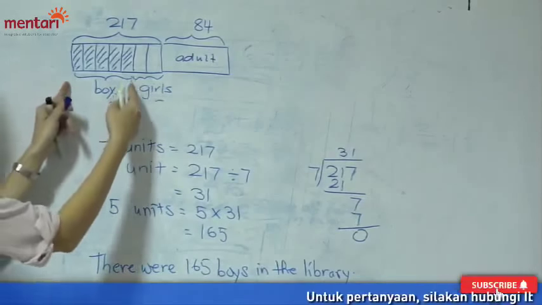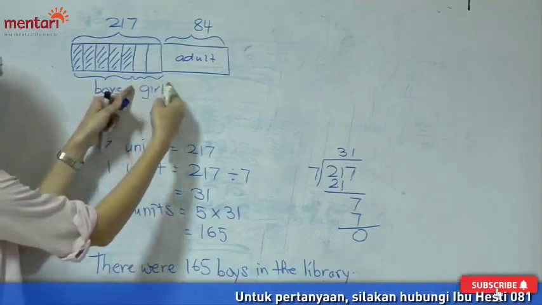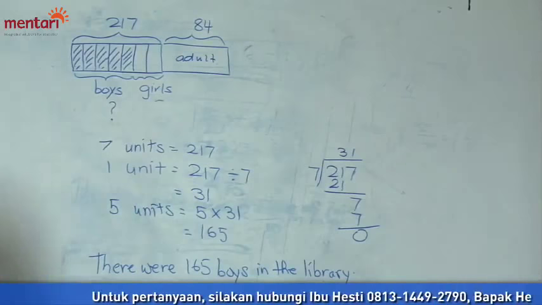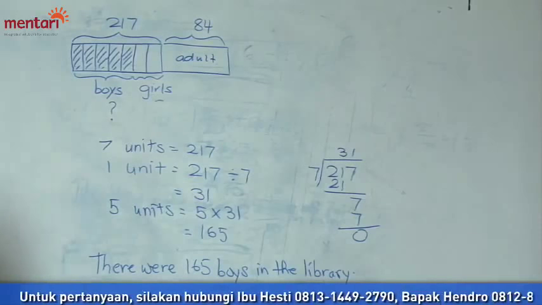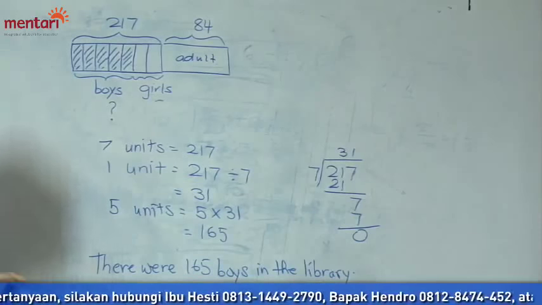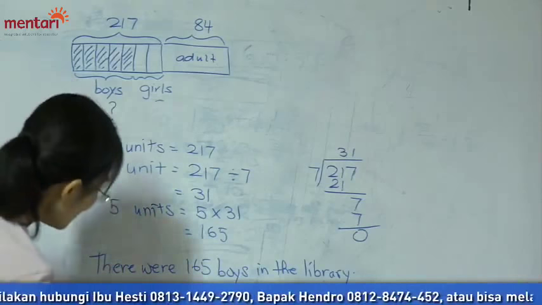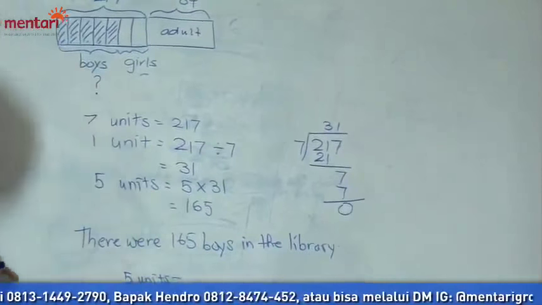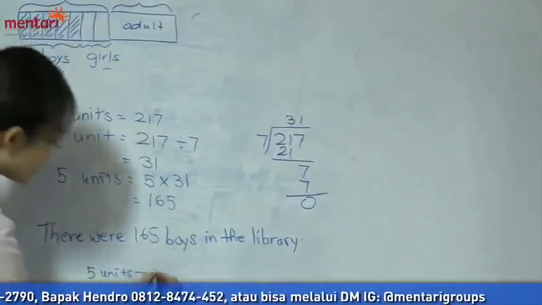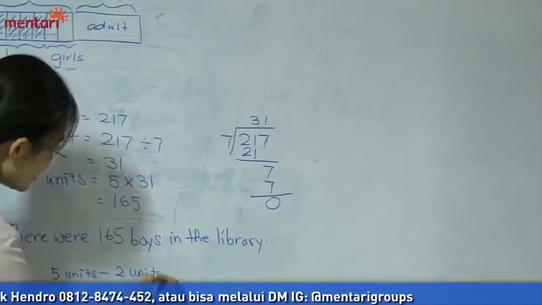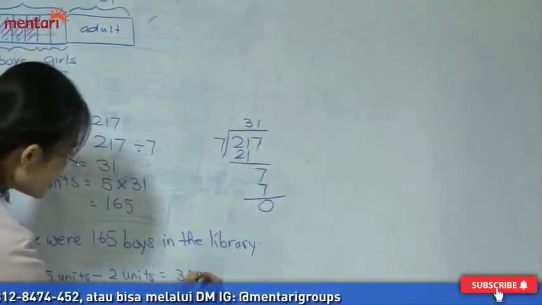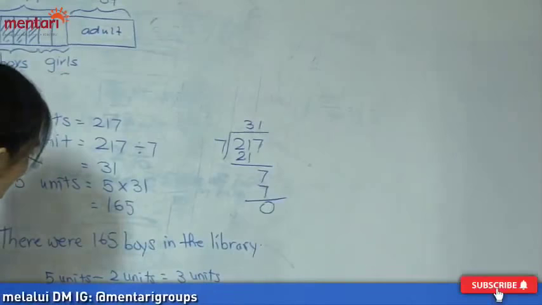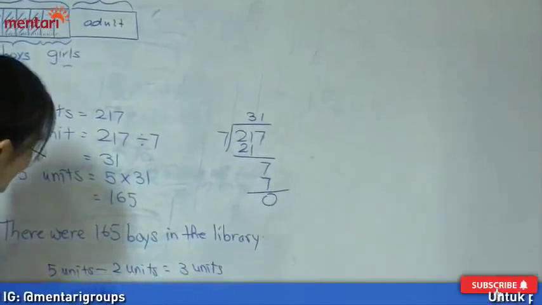If the boys have 5 units and the girls have 2 units, how many fewer girls were there than boys? So what we can do is find the difference of 5 units and 2 units. That gives us 3 units. So this is the difference. That means 3 times 31.